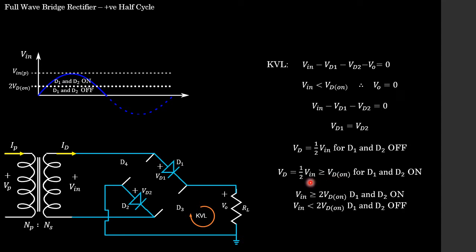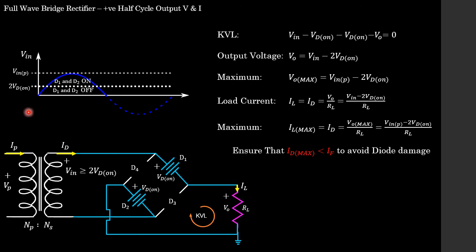So if we simply rearrange this expression over here, we can see that our input voltage needs to be greater than or equal to 2 times our diode on voltage in order for diode 1 and diode 2 to switch on. And when our input voltage is anywhere less than 2 times our diode on voltage, both our diodes are going to be off. So we've basically analyzed the circuit and proven that in order for the circuit to conduct, our input voltage needs to rise above 2 times our diode on voltage.